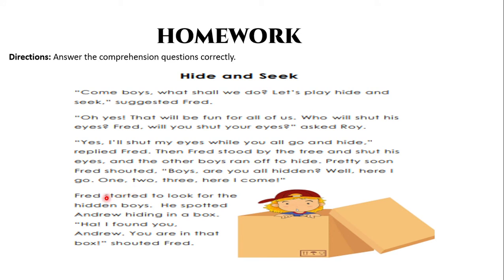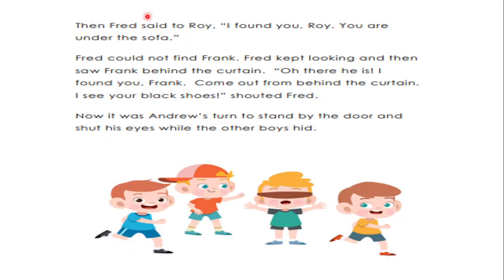Fred started to look for the hidden boys. He spotted Andrew hiding in a box. Ha! I found you, Andrew. You are in that box, shouted Fred. Then Fred said to Roy, I found you, Roy. You are under the sofa. Fred could not find Frank.